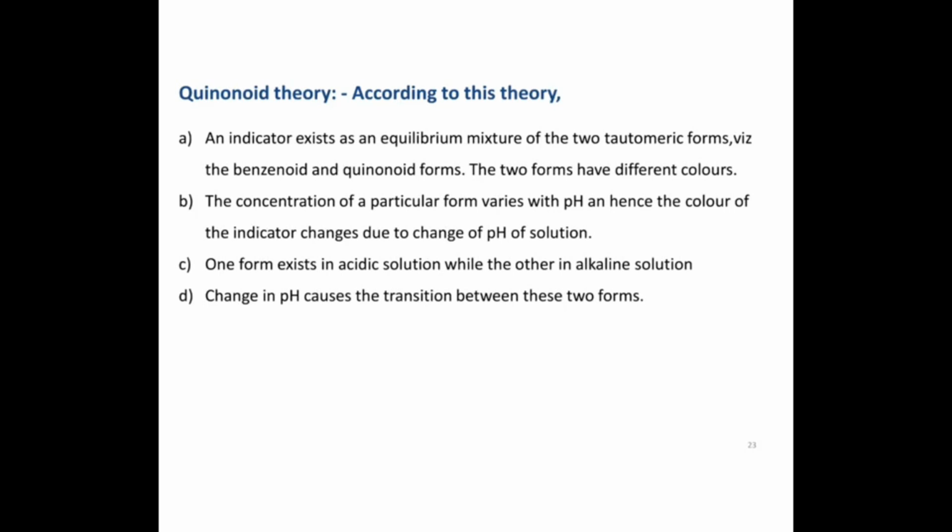Tautomers are structural isomers of a chemical compound that readily interconvert. Isomers are compounds having the same chemical formula with different structures. These can be represented as the benzenoid and quinonoid forms in the quinonoid theory. So there are two different forms.